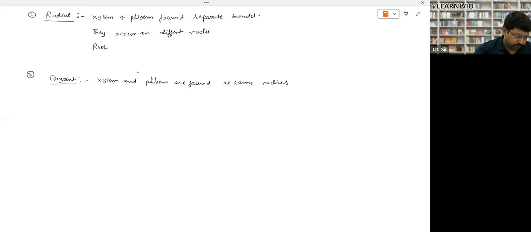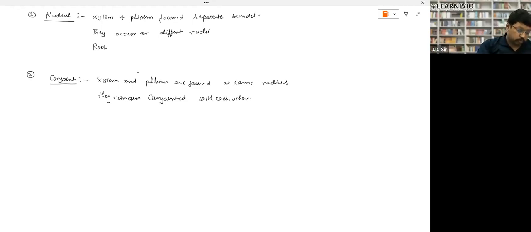Xylem and phloem are found at the same radius. They remain conjoined with each other. Right?